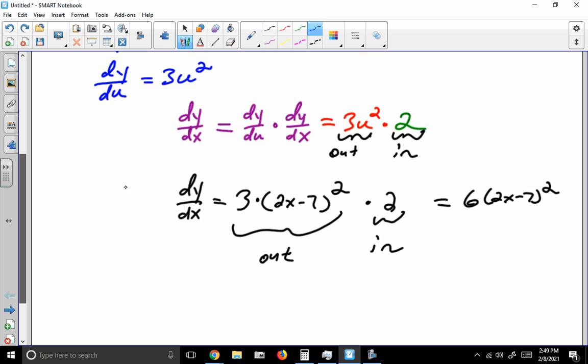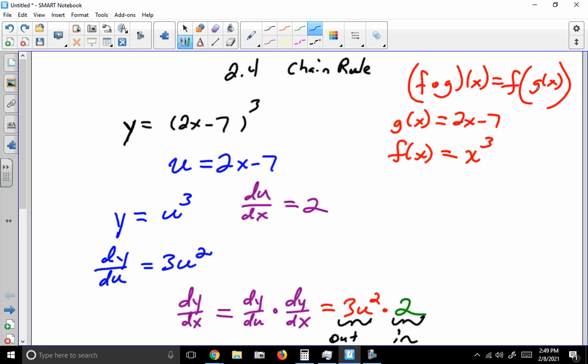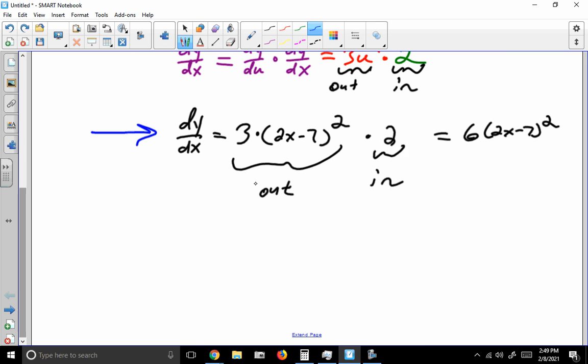But let's discuss that. So in terms of f and g, in terms of g being the inside function, f being the outside function, the 3 and the 2 here come from taking the derivative of the outside function. The 2 here came from taking the derivative of the inside function.